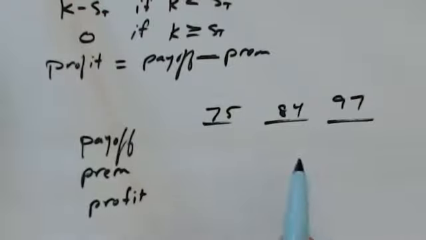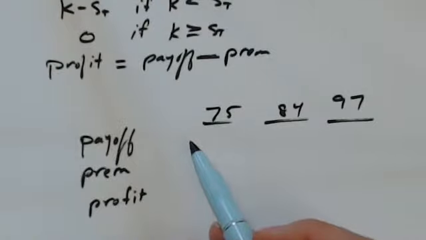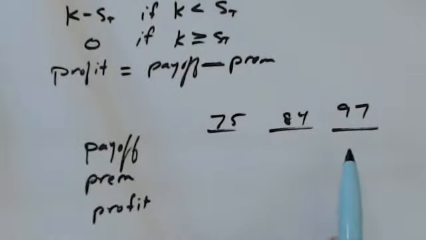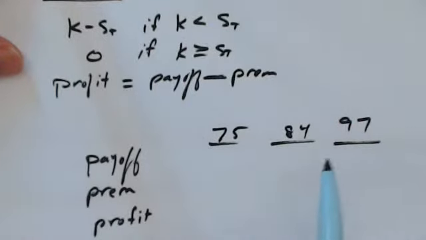Now at 75, remember when you buy a put, the stock drops, the payoff should increase. Puts make money when the stock drops, so we should have some positive numbers here and possibly 0 numbers up here for the payoff. Remember, the payoff can't be negative, right? That's what the math up here is telling you.